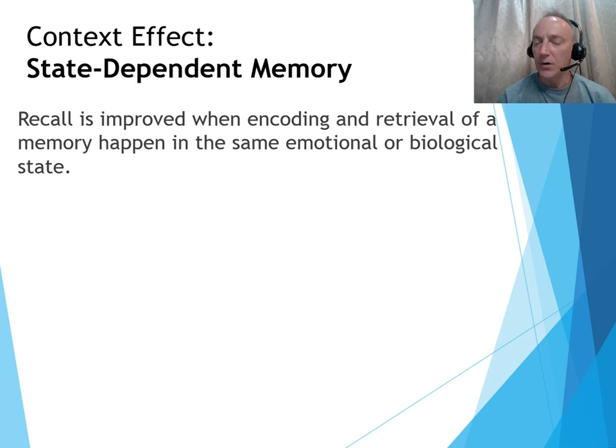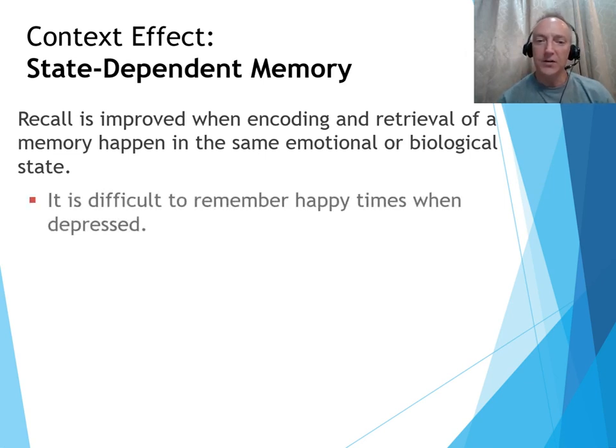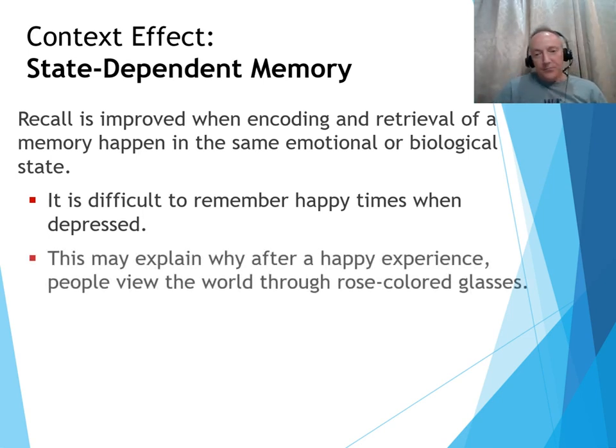So if you're happy when you encode something, you're going to be better able to retrieve it when you're happy. This can explain a lot. This can explain why people who are depressed tend to easily think of other depressing, sad things. That's because of state-dependent memory.